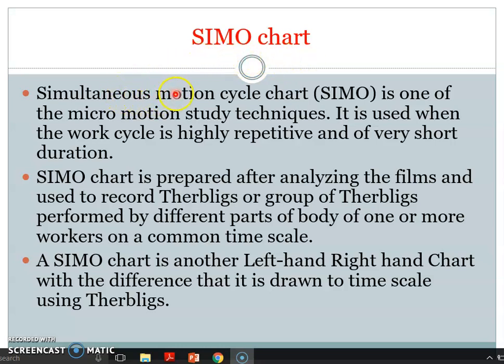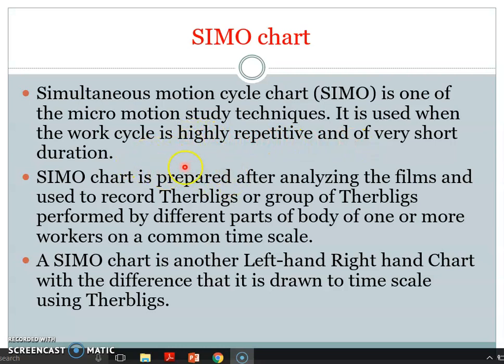Basically, CMO stands for Simultaneous Motion Cycle Chart. In short, it is called CMO. This is one of the micromotion study techniques. These techniques are very useful for studying micromotions, which are highly repetitive and of very short duration.